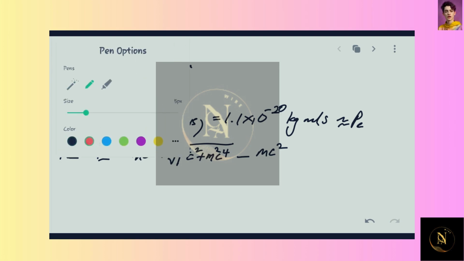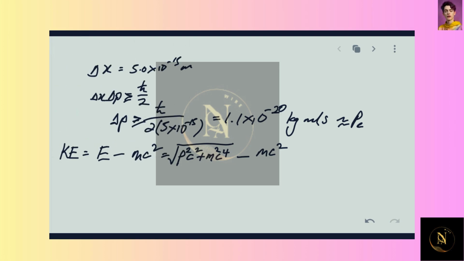So we can substitute in the values. For p, this is the value we'll substitute in. c is just the speed of light. m we will use the mass of the electron. Those are all the constants inside this expression, which we can substitute in.